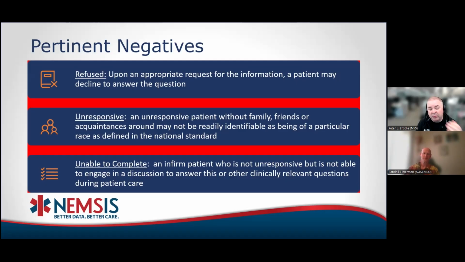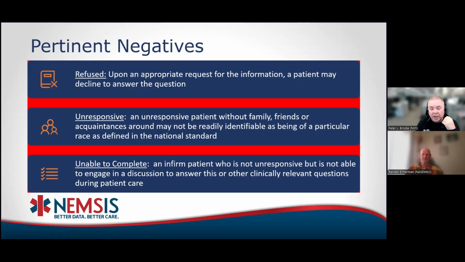Unable to complete, we worked on the definition for an infirm patient, or a patient who thinks that Dwight Eisenhower is still the president of the country. I picked someone who looks like Randall for this particular point, but someone who's not able to answer that question from their own background, and they're not prepared, or don't have the capability of answering the question.